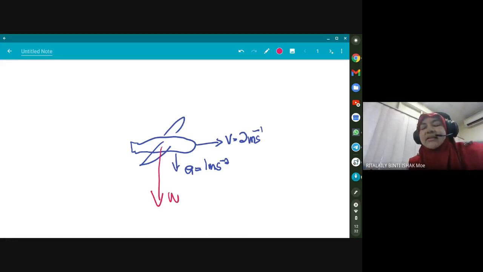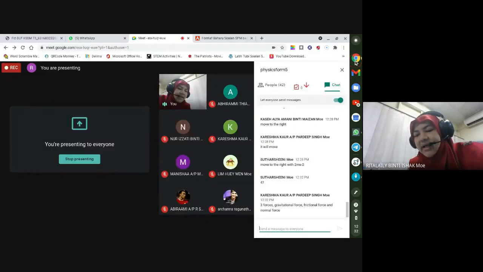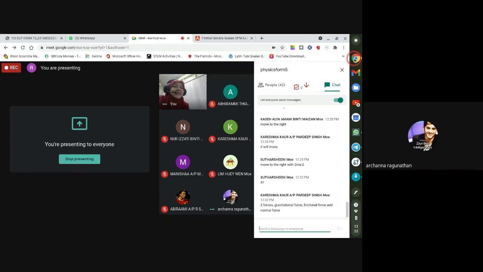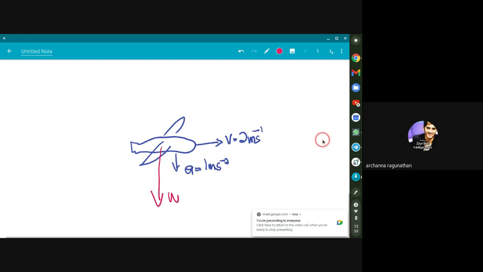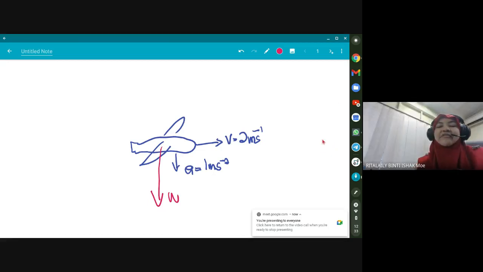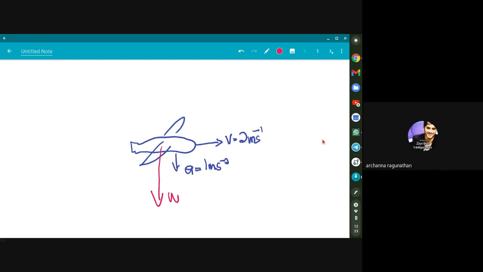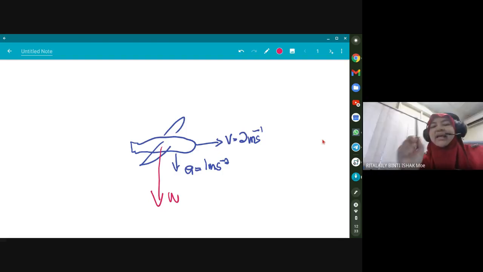And then, how many forces? Just now I saw answers: Sutarshini said 4, and then Karishma said 3 forces. Sure, there's also air resistance, right? Okay, we have resistance. Which direction is the resistance? Opposite of the velocity. If the object is moving to the right, resistance is in the opposite direction.